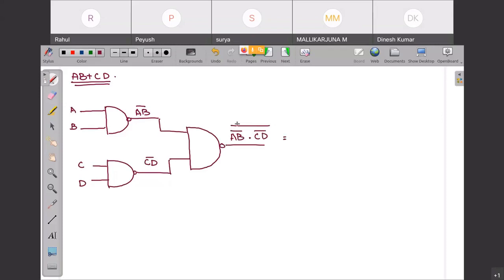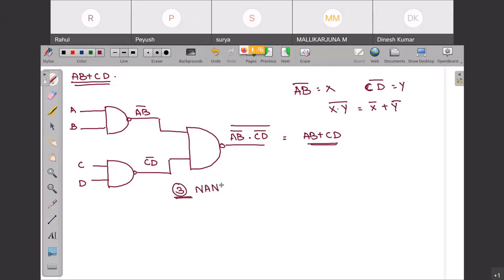If you solve this, consider AB complement as X, and CD complement as Y, then this is again in the form of X dot Y, which I can write as X bar plus Y bar. So this will again become AB plus CD. So for constructing such kind of structure, we always require 3 NAND gates.